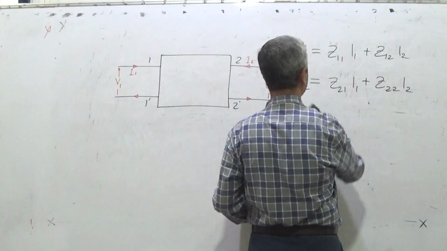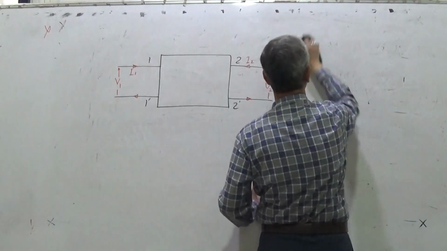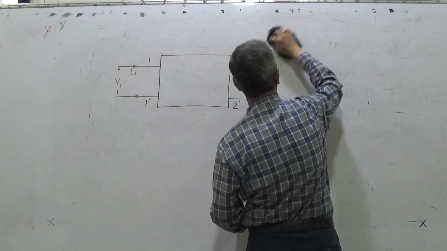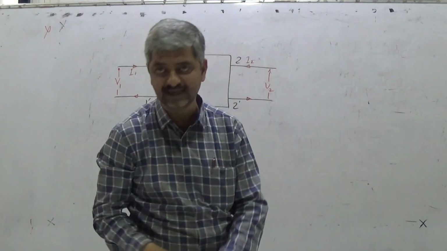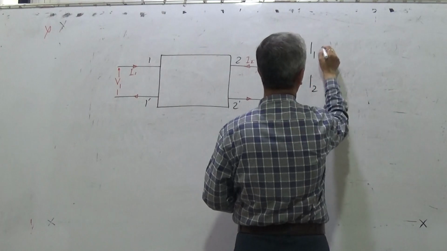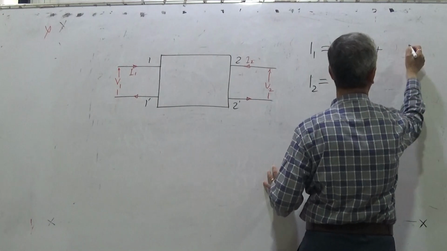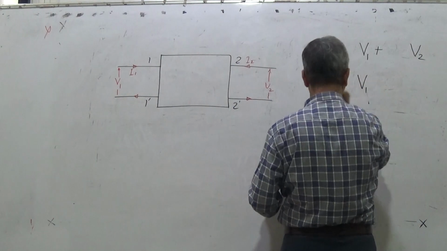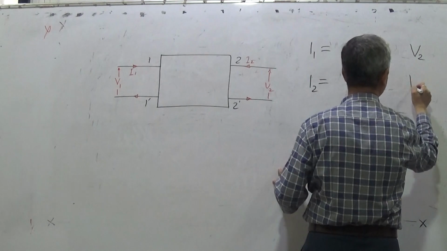Similarly, we can also express the same thing in a different way. That is, currents I1 and I2 are expressed as weighted sum of voltages. I1 is equal to something into V1 plus some other thing into V2, and I2 is equal to something else into V1 plus something else into V2.